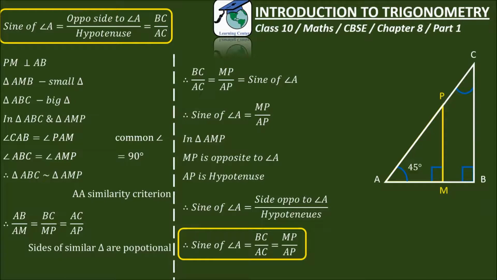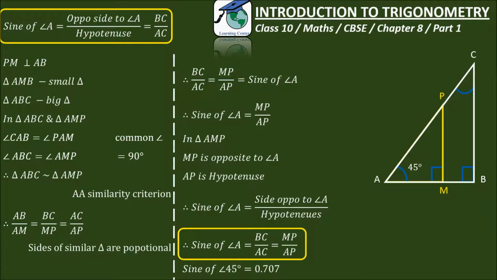So you draw any triangle which is big in size or small in size. Unless the angle A remains 45 degrees, the value of sine of angle A will remain the same. Now, instead of angle A, if I write angle 45 degrees, then the value of sine of 45 degrees should be constant, and this value is equal to 0.707.